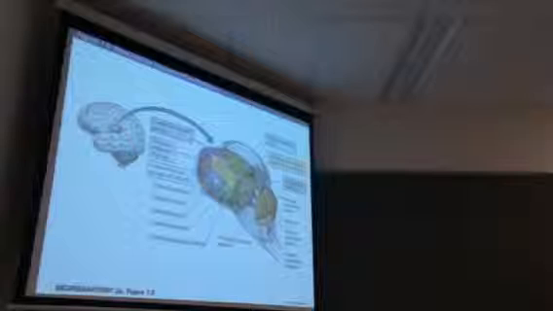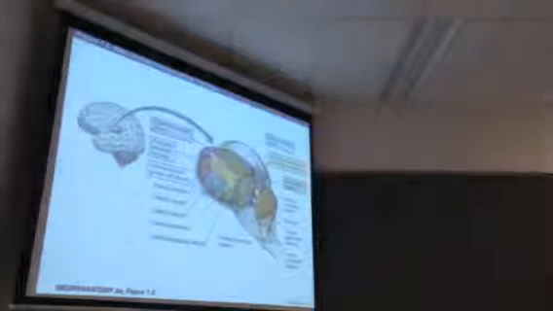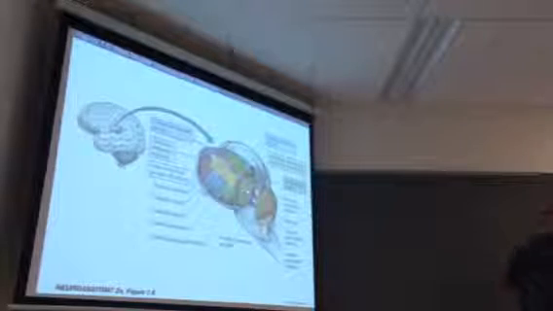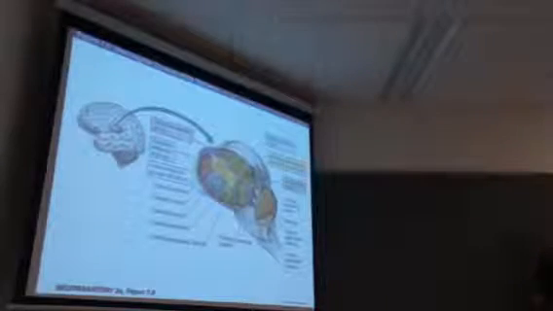Okay? This one, that one. And then we have these three: the ventral anterior, the ventrolateral, and the ventral posterior lateral. And then we have this little one that's tucked internally, the ventral posterior medial.